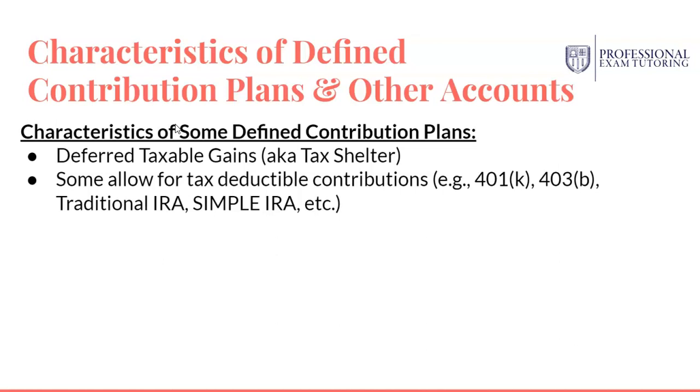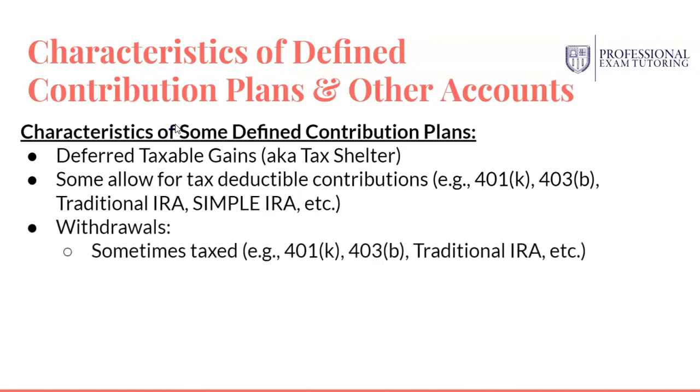So if you make $100,000 and theoretically you put in $10,000 into an account, some portion of that $10,000 you're going to be able to write off your $100,000. So let's say it's maybe five. So instead of making $100,000 and being taxed on that for the year on your salary, you're only going to be taxed on $95,000. So it's a way to try to incentivize people to save more for their own retirement and take the burden off the government.